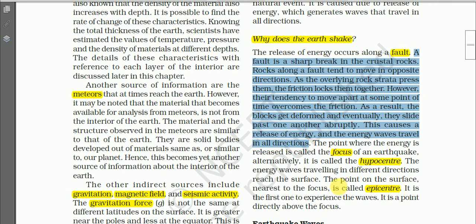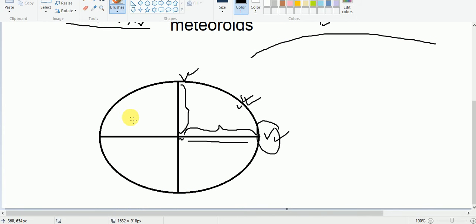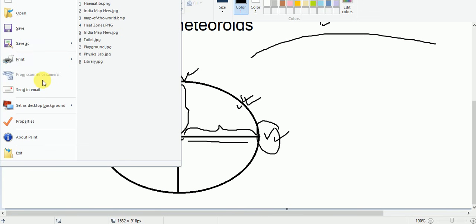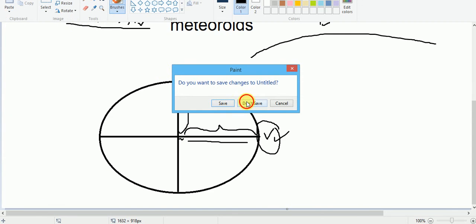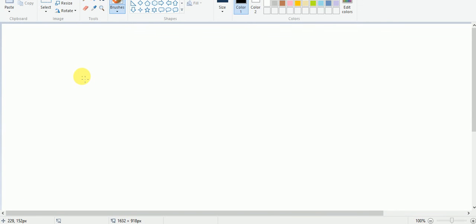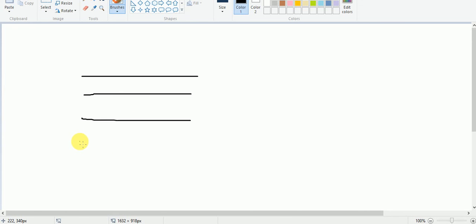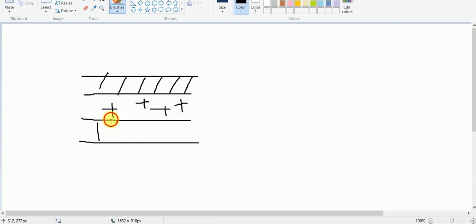Now let me draw a diagram. See here. Let us say these are the different layers of the earth's interior which were formed in a particular geologic time. This is a formation, a layer, which was formed in a particular geologic time, and this is another layer, another formation which was formed in another geologic time.